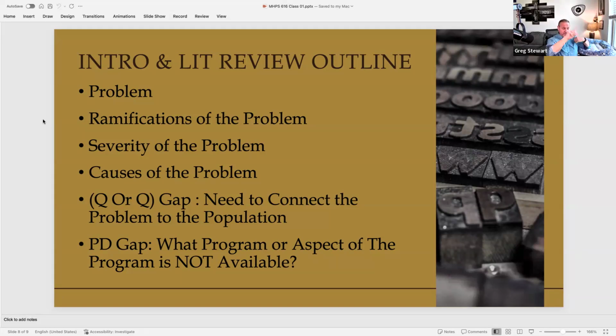Your introduction better be about 10 pages, because your introduction is basically the summary of your lit review. Your lit review is almost like you just double-clicked on your introduction. It's almost like the introduction is a summary of the entire lit review.